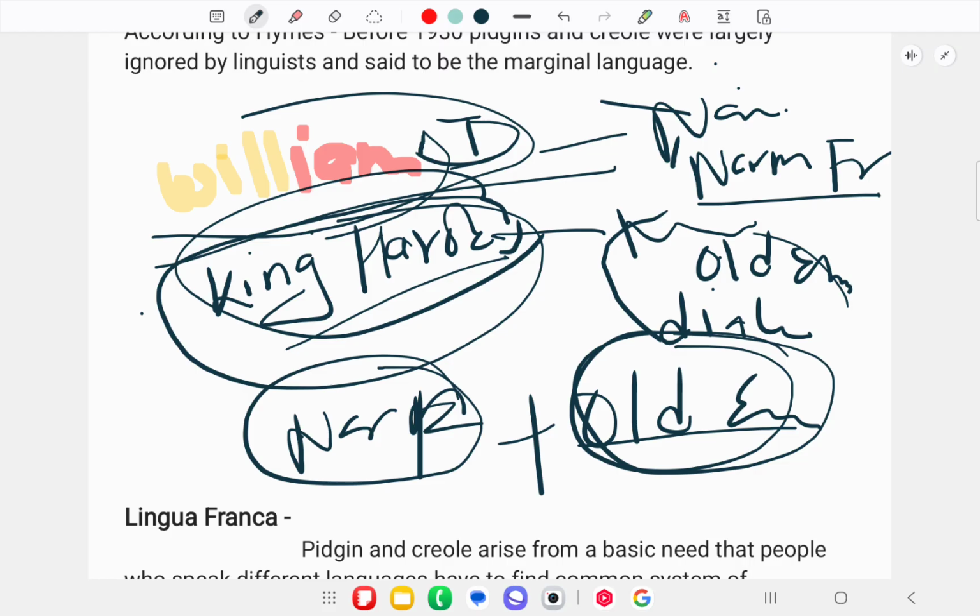So here we can find that whenever the people of Normandy tried to talk to these people, they had to face the struggle of language.